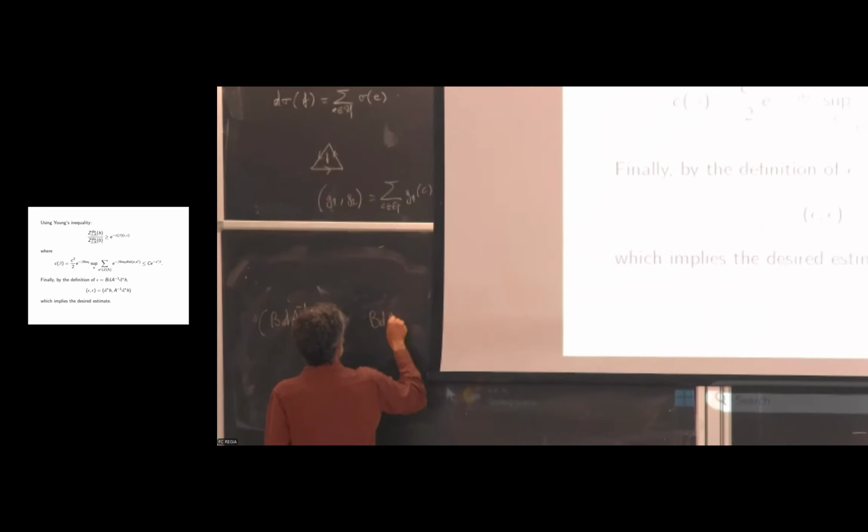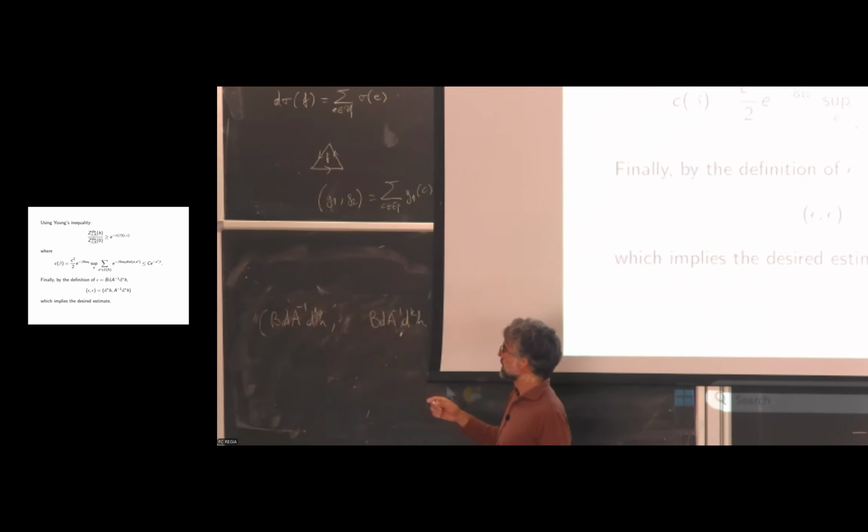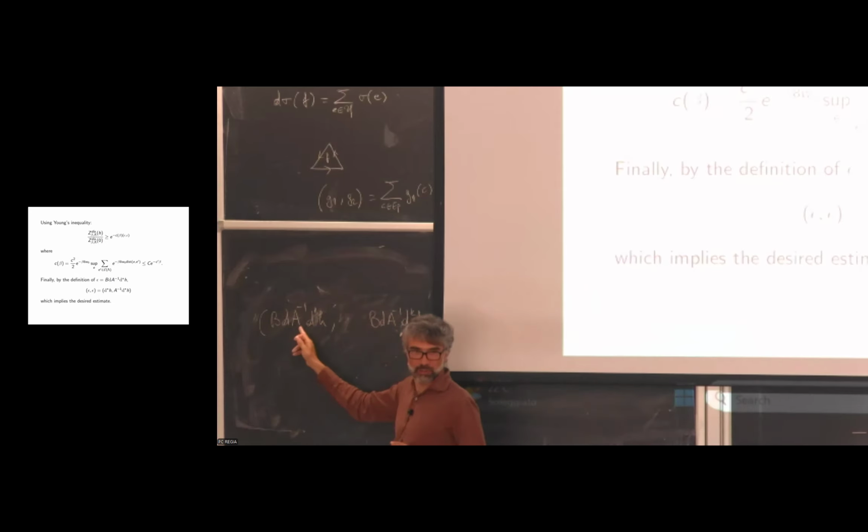D a minus 1 d star h. So I now move this using the usual rules.